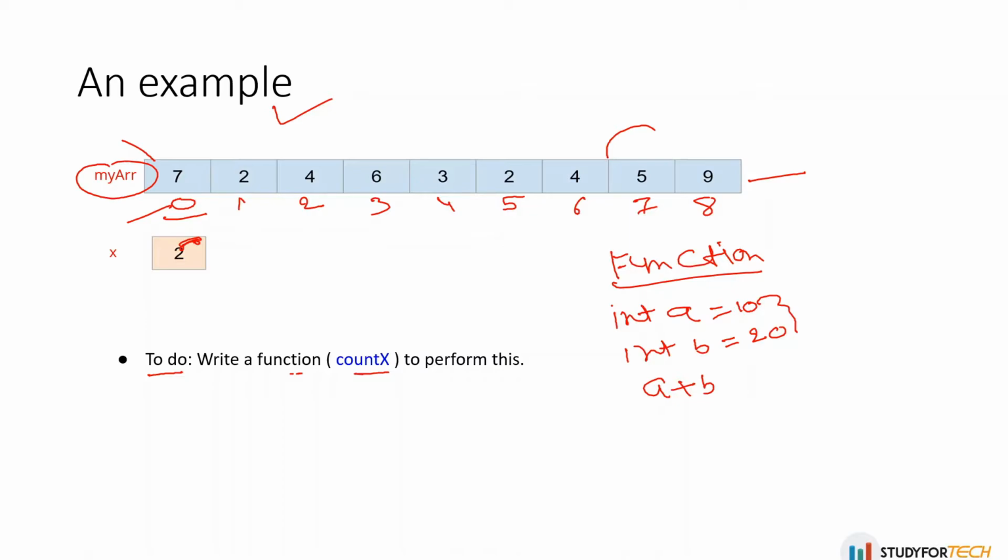Again, if somebody asks you to write code to add two numbers, what you will do, again you will define integer a equal to 30 and then integer b equal to 40. Somebody has given you 30 and 40 to add, so again you write a plus b.